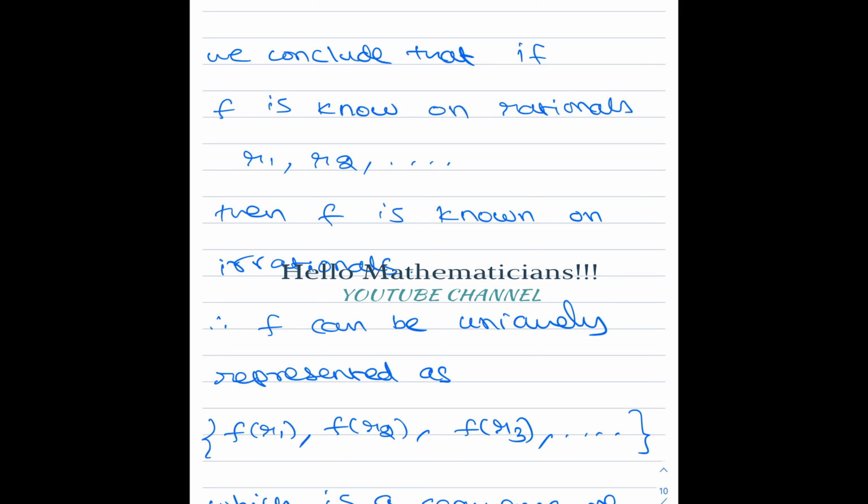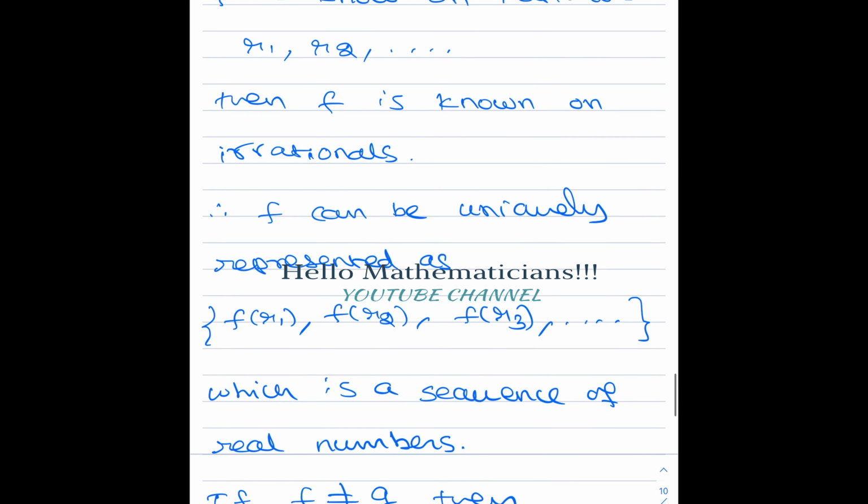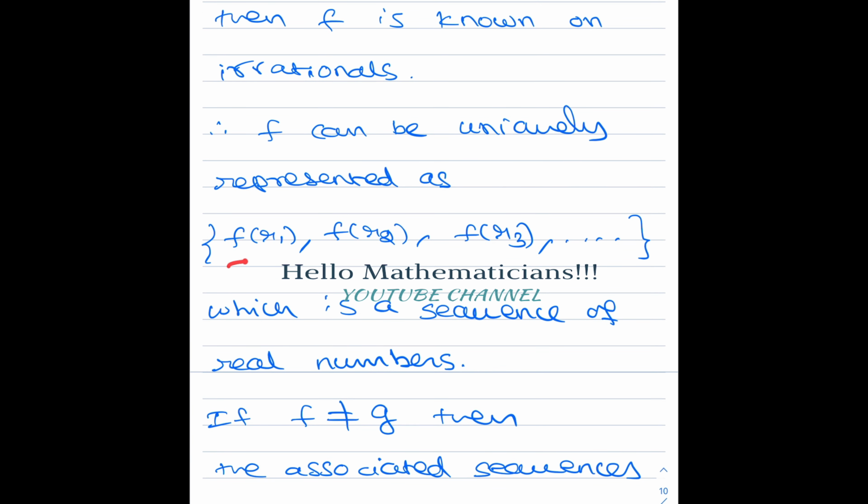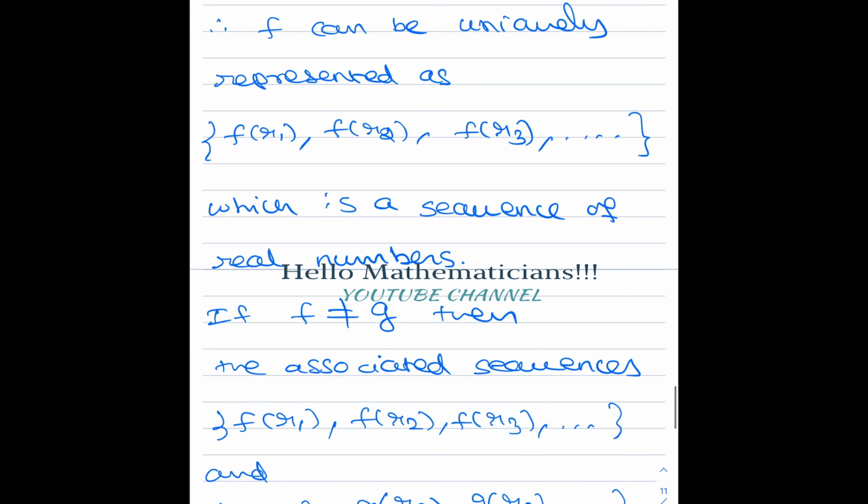So the continuous function can be uniquely represented as f of r1, f of r2, f of r3, etc., because we just need to know the value of the function at the rationals. The irrationals can be calculated. Therefore, f can be uniquely represented as a sequence of real numbers.